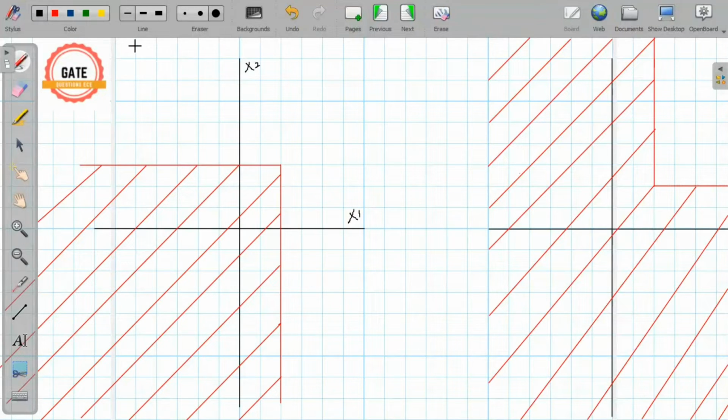We can write the joint CDF of X1 and X2 by this mathematical expression. This is nothing but the probability that X1 is less than or equal to small x1 and X2 is less than or equal to small x2.